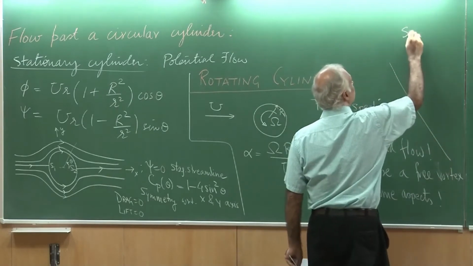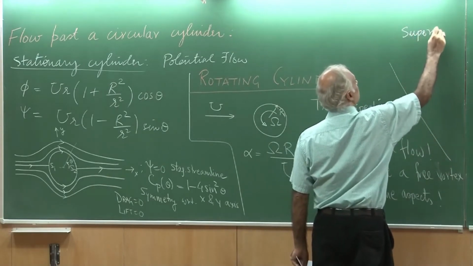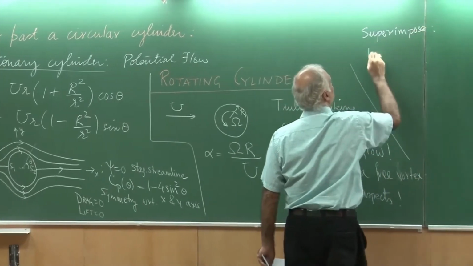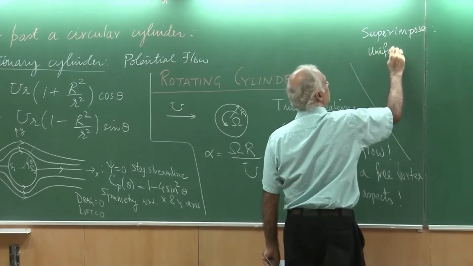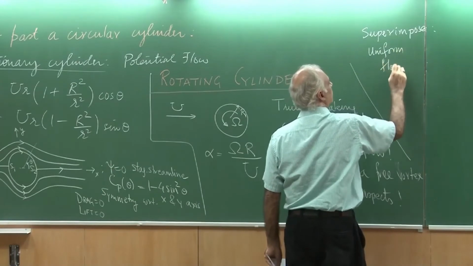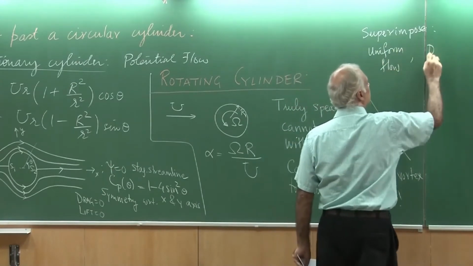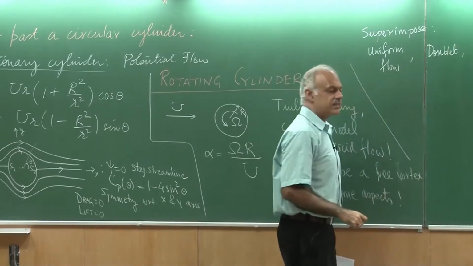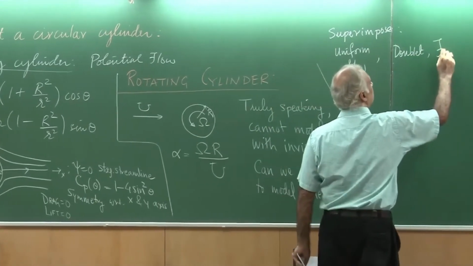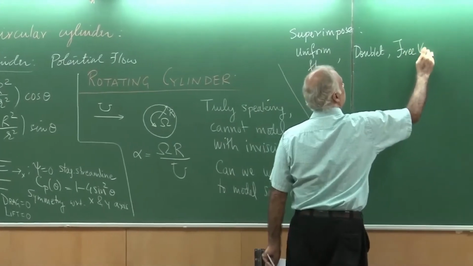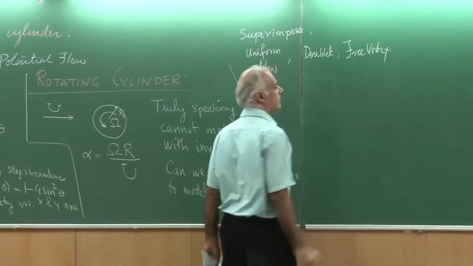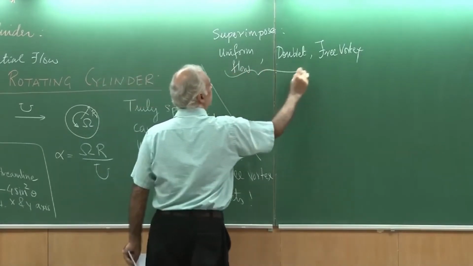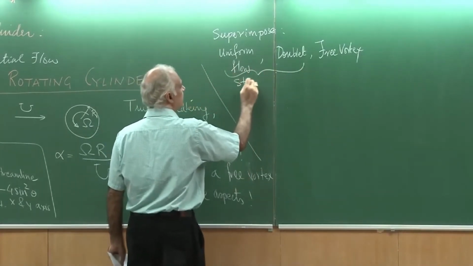So we will superimpose uniform flow with a doublet and with a free vortex. So we have already modeled the uniform flow and doublet. This is the stationary cylinder.